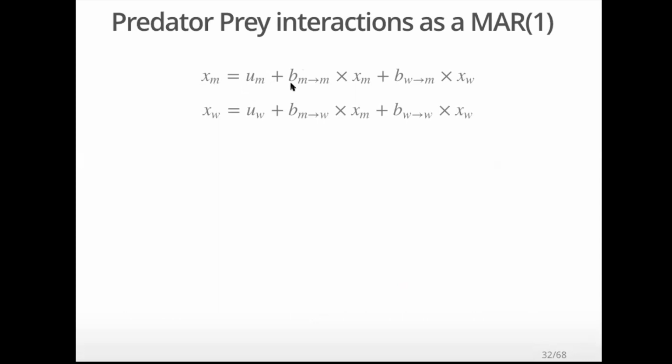And then they're going to have a B term, which is the effect of moose on themselves, times the moose. I didn't put the t's here. This is moose at time t, moose at time t minus 1. And then we have a term which is the effect of the wolves on the moose times the wolves at t minus 1. And then we have a similar kind of equation for the wolves. We have the effect of the moose on the wolf and the effect of the wolves on themselves.